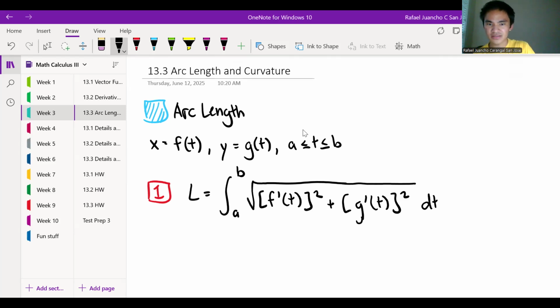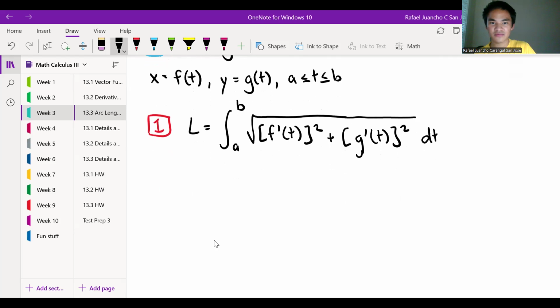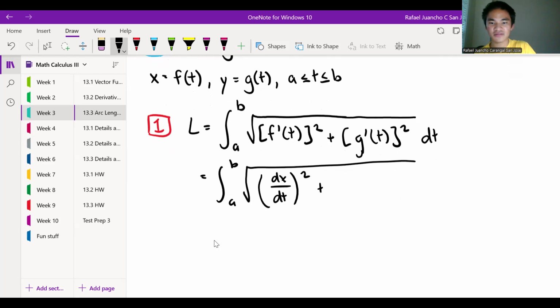Yeah, and then we can use that, or another notation is just the Leibniz notation. There's just a difference in notation. I'm gonna put both, but they mean the same thing basically.